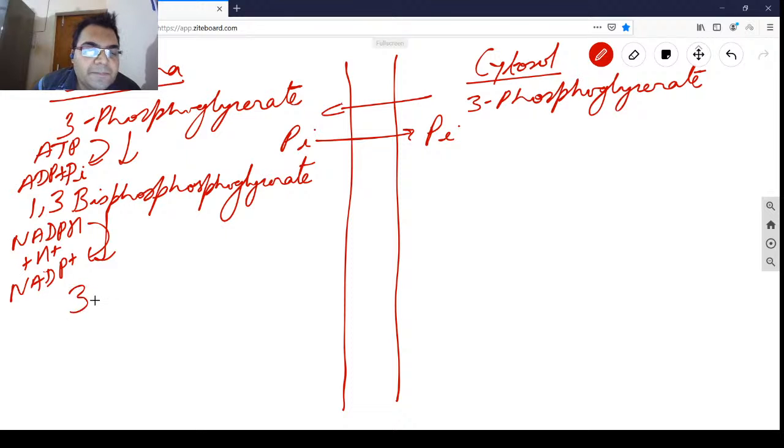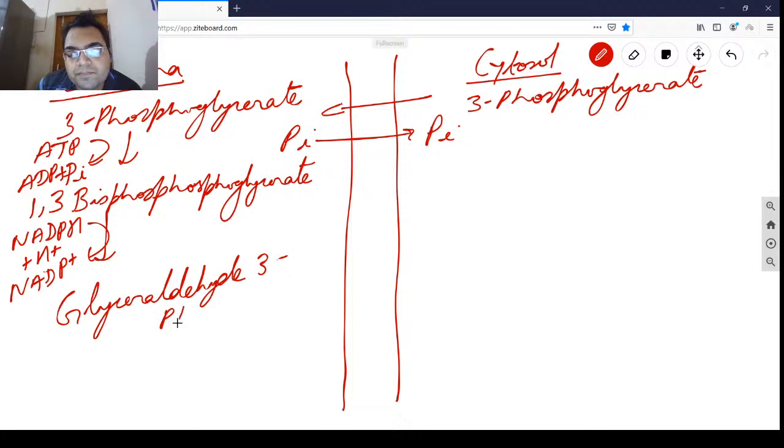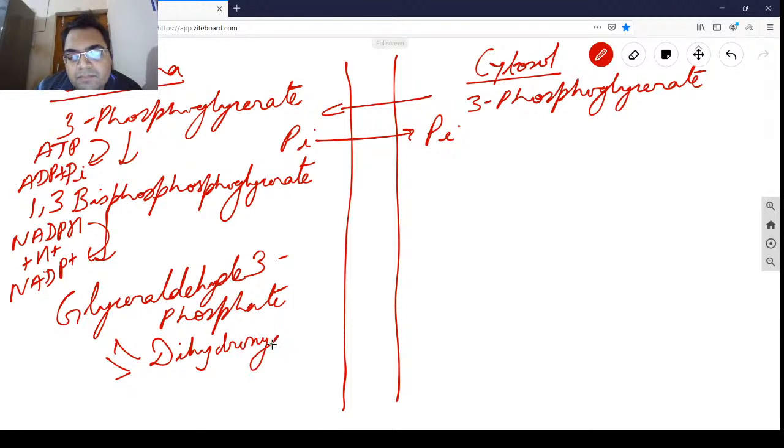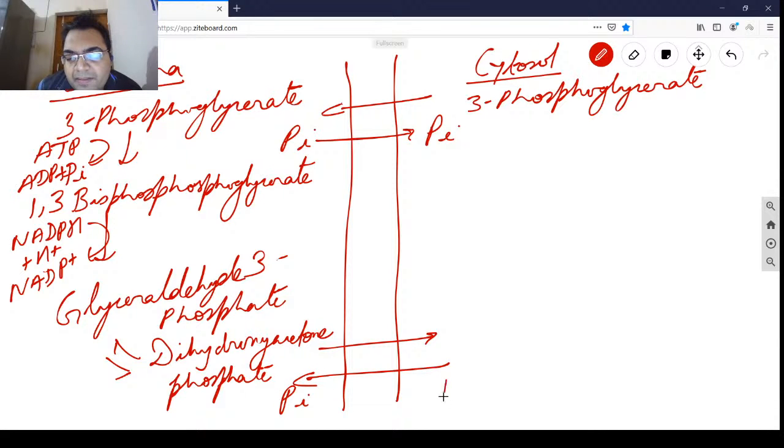This becomes glyceraldehyde 3-phosphate. Next, glyceraldehyde 3-phosphate can isomerize to become dihydroxyacetone phosphate, which can come out and then Pi can come in again.